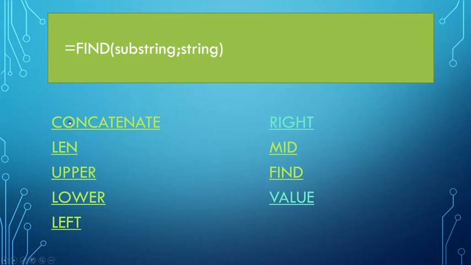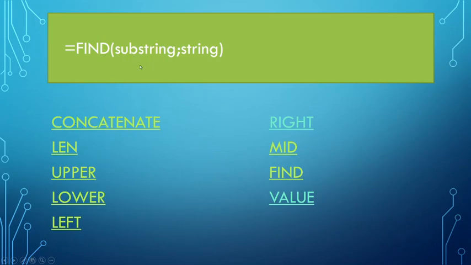If I, however, try to find C in this word, there is more than one C in this word, so it will return the first occurrence of the substring. In this case, it would be 1. If I would try to find A, it would be 1, 2, 3, 4, 5.